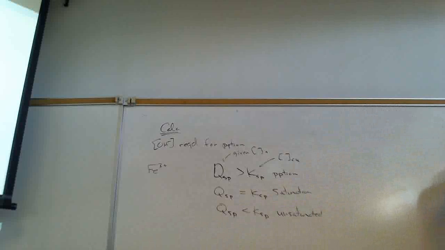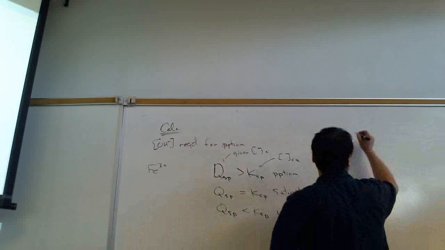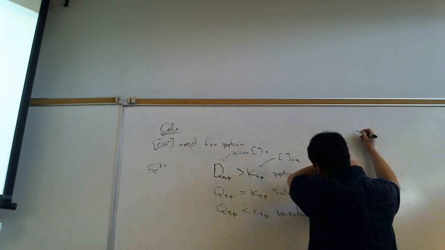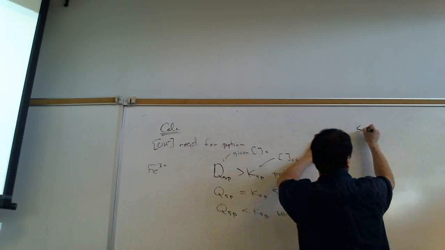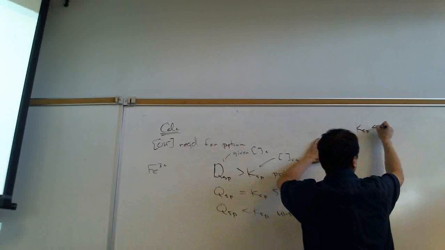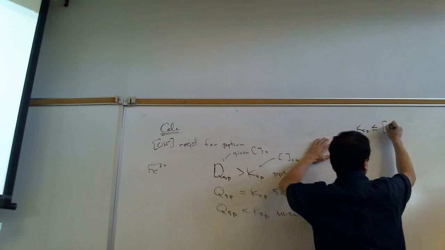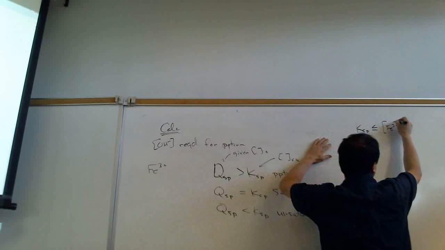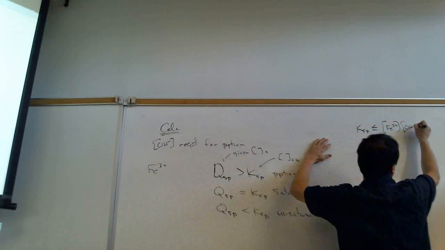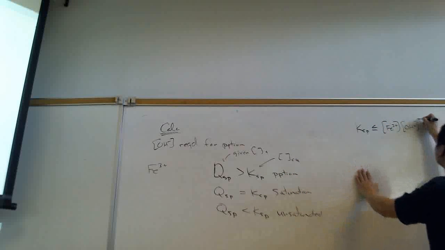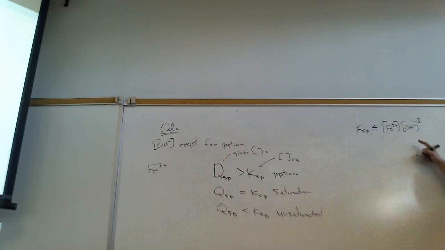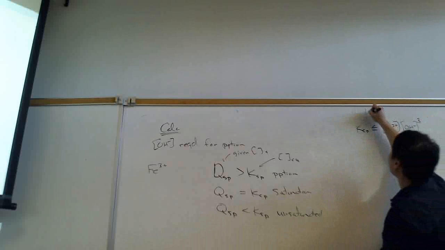So we do this. We want the KSP to be less than or equal to the iron 3+ and the hydroxide concentration Q. Actually, I should write the KSP equation.